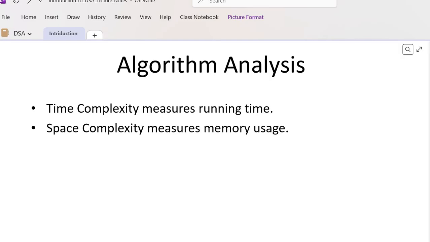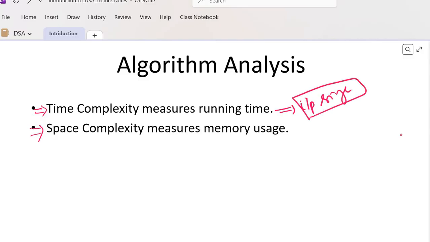When you are analyzing algorithms, we have two ways. One is called time complexity and the other is called space complexity. Time complexity measures how the running time of an algorithm grows as compared with the input size.